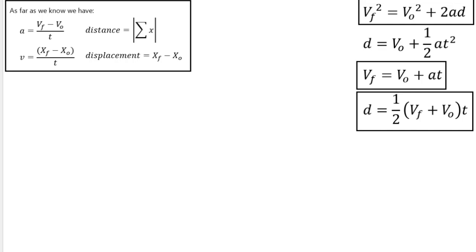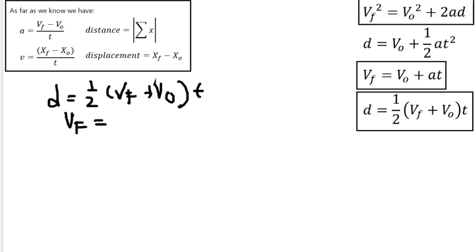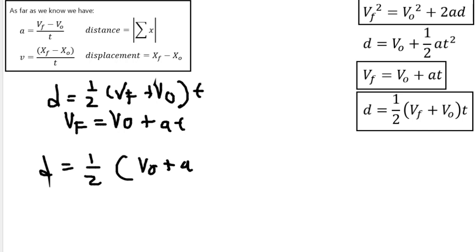Now let's look at the last one: distance equals V initial times t plus 1/2 acceleration times time squared. We know that we have the equation distance equals 1/2 times V final plus V initial times time, and we also have this equation. So what we can do is replace V final with V initial plus acceleration times time. So we got this.